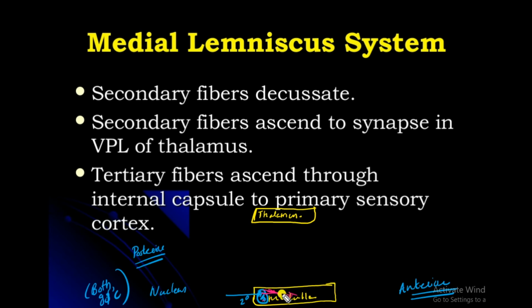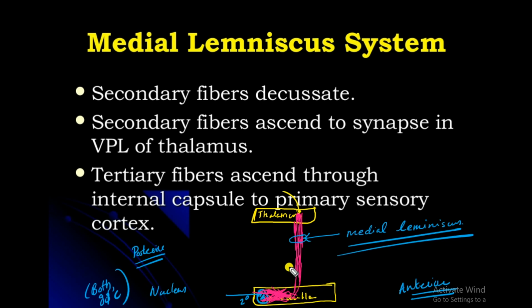And the fibers from second order neurons decussate and ascend into the thalamus, where the tertiary order neurons are located. From tertiary order neurons, they get into primary sensory areas, and the bundle of axons of the second order neurons is known as the medial lemniscus.